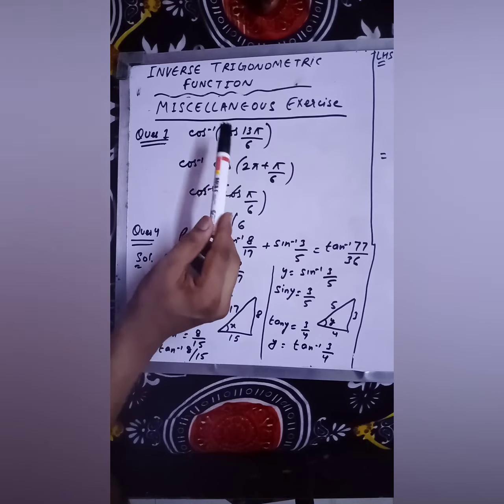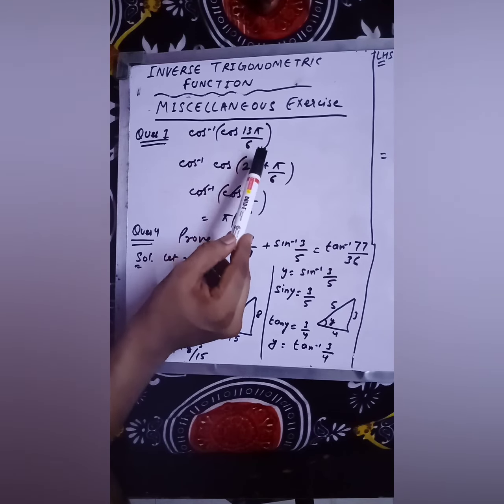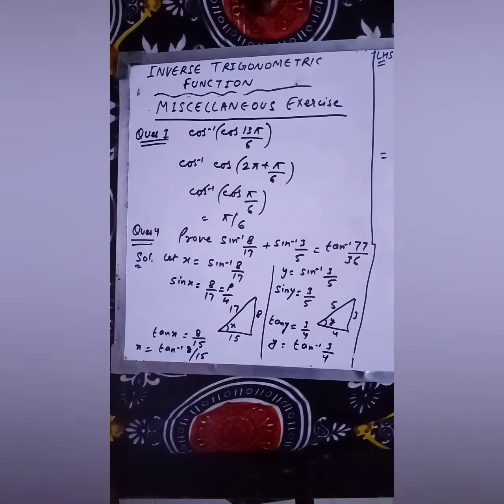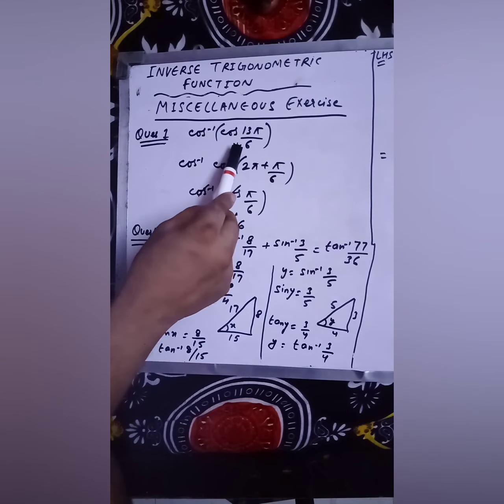So here cos 13 pi by 6. This value 13 pi by 6 is not in the range of cos inverse. The range is 0 to pi, within square brackets, that means 0 to 180 degrees.